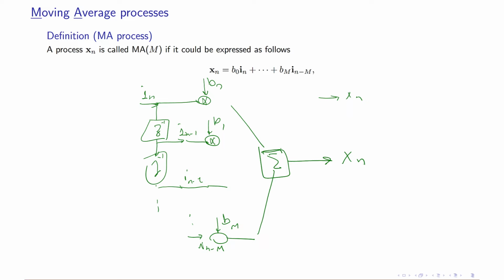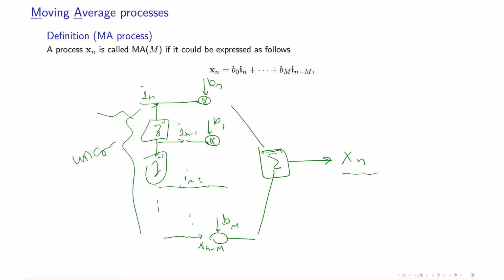produces X[n]. So your random process X[n] is produced by white noise and a moving average of this white noise. These different samples I[n-1] and so on are uncorrelated samples.